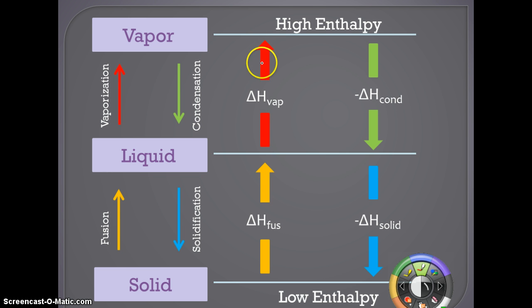You keep adding heat. Heat of vaporization is going to have a higher value. This is going to take a lot of energy to get to that vapor. And as you go in the reverse direction, as you cool down, you're going to release the same amount of energy that had to be put in to get that substance back to a liquid. And the same thing goes for a solid. The amount of heat that's going to be released to cause this substance to solidify is going to be the same amount of heat that you put in to get it to melt.